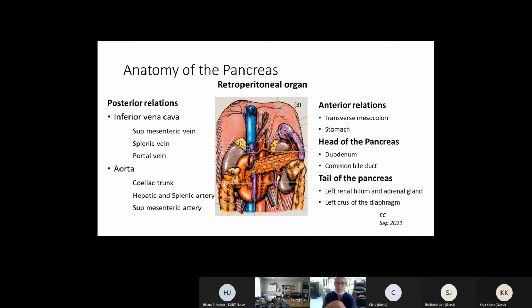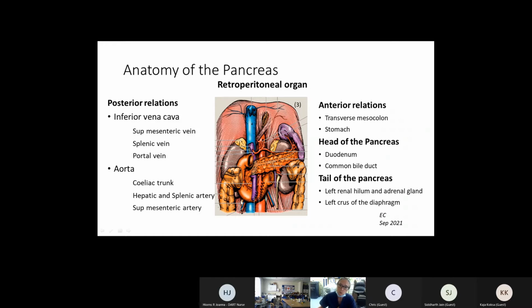The anatomy is more complex if we think about the surroundings. So this organ is pretty much in communication with almost everything in the abdomen. We have the pancreas in close relation with loads of huge veins and arteries that are very near it, and there are also very close relationships with the GI tract.